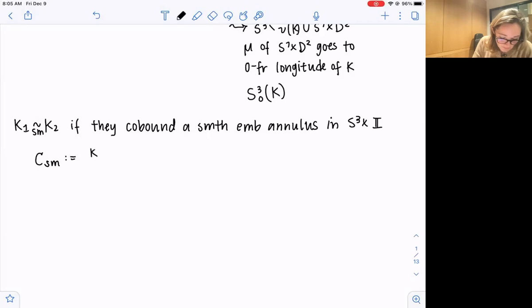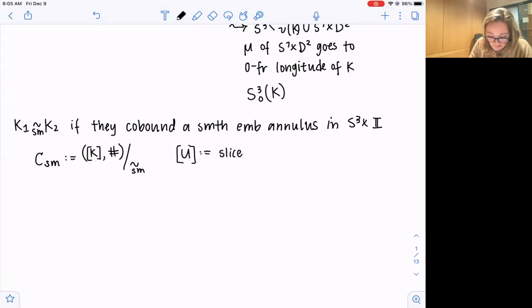We take isotopy classes of knots with the binary operation connect sum, and we mod out by this relation, which is an equivalence relation. The identity elements in this group are the knots that are smoothly concordant to the unknot, and we refer to these as slice knots. If we're being careful about categories, these are smoothly slice knots. Equivalently, we can think of these as knots that bound a smoothly embedded disk in the four-ball.